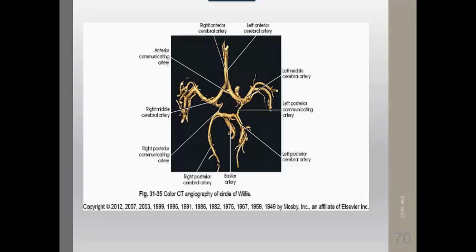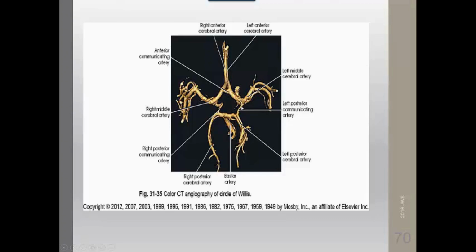And you see at the top here, the right and left anterior cerebral arteries, and then here's the anterior communicating artery that connects those two, rounds this way and becomes the middle cerebral artery, which feeds the middle of the brain. Same on this side as the left.